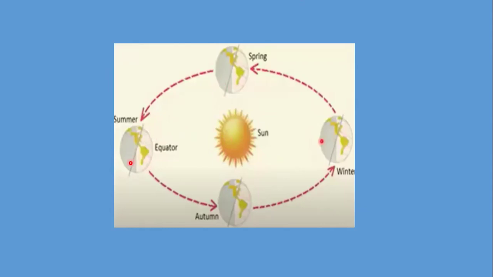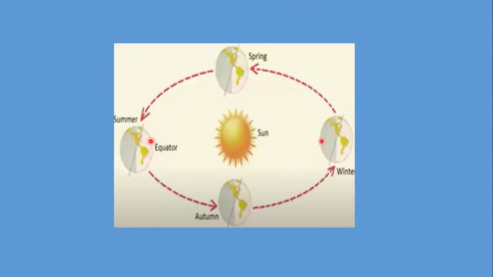During the summer season, what we see here is North Pole is tilted towards the sun. So the northern hemisphere is receiving more heat. Direct rays of the sun are falling vertically at Tropic of Cancer. Direct rays means intensity of heat is high.